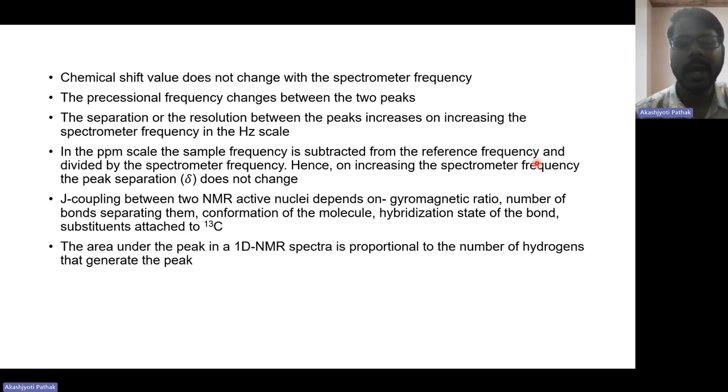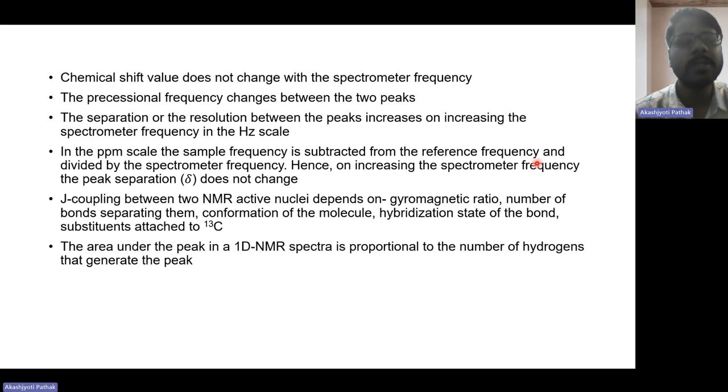Because they are in different chemical environments, when you apply an external magnetic field, each nucleus produces a local magnetic field. In presence of the external magnetic field, depending on this local magnetic field, you will observe a shift when you record the 1D NMR spectra, right?